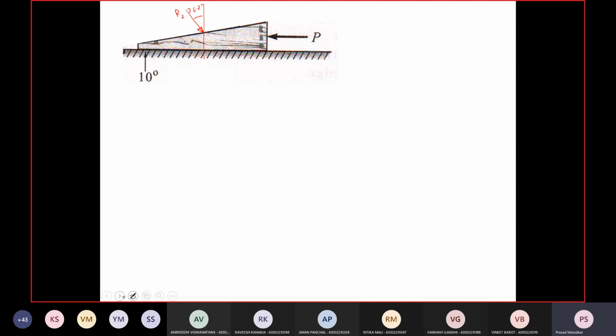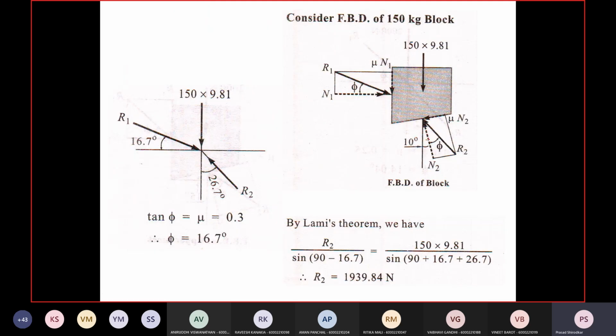All right, so I have got this from here. Okay, this is 26.7 degrees. I just extended the line of action and it is equal and opposite, and if I construct a vertical line, this will be the opposite angle, so this also will be 26.7 degrees.